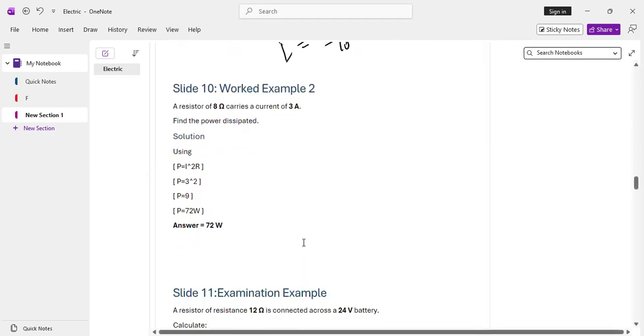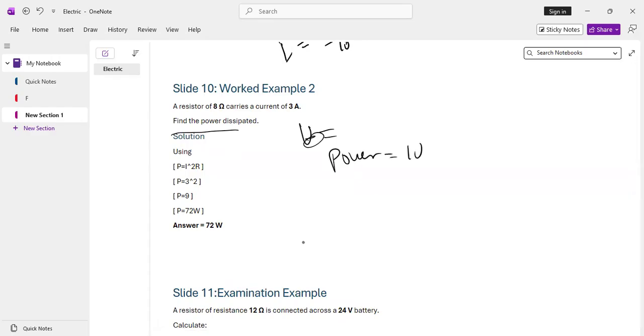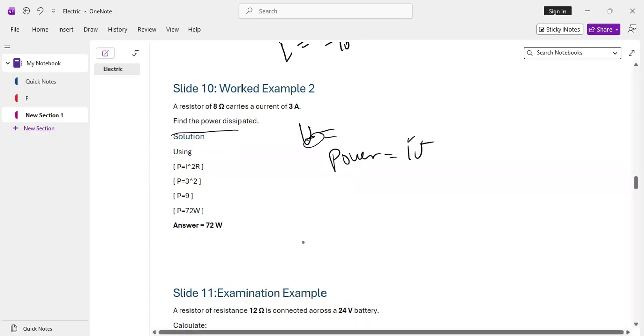So this is another good worked example. The question says that we should find the power dissipated. Remember that power is equal to IV. So if we can find I and we can find V, we'll solve this problem. For the resistor, V equals IR.